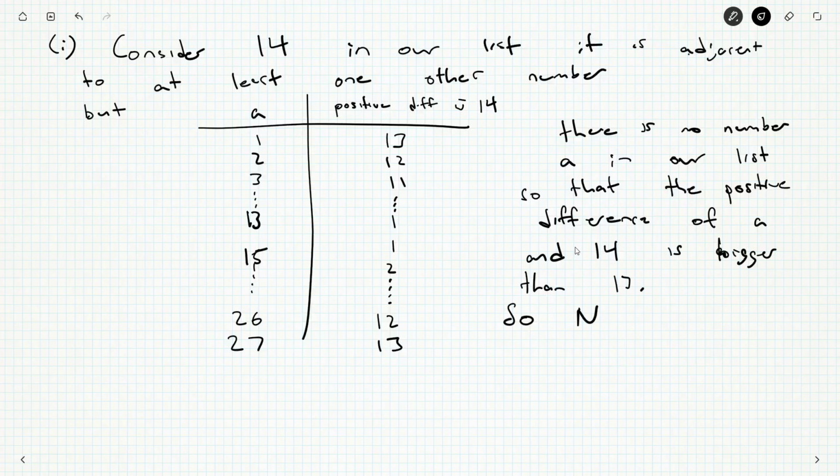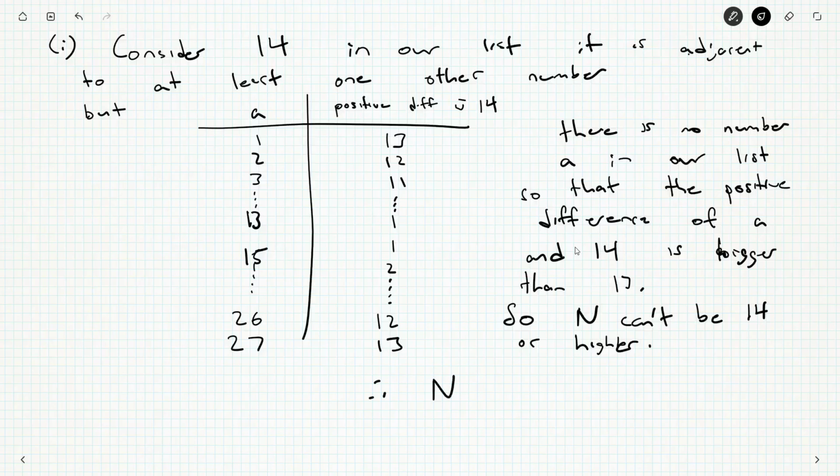So n can't be that or higher, because it's got to be the smallest positive difference, but 14 with some other number would give you a smaller positive difference than 14 or 15 or whatever we think.